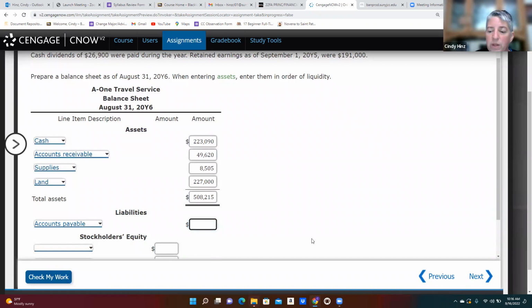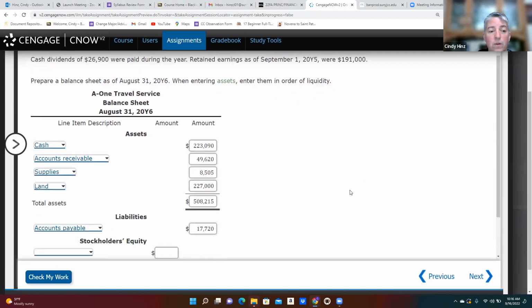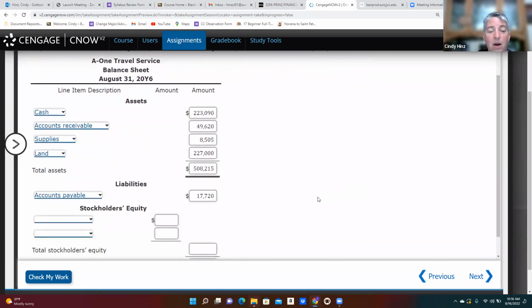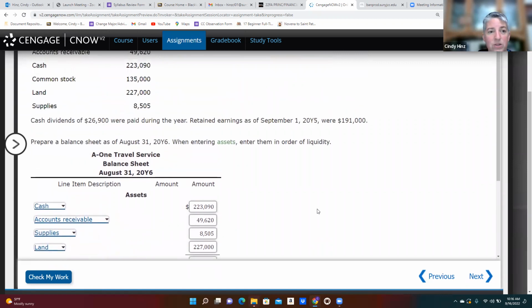Since there's only one, we do not need to have a separate line that says total liabilities. That would just be fluff. It would just be extra information that doesn't give us any more useful decision-making power, if you will. So because there's just one liability, I'm just listing that one and not providing a total.